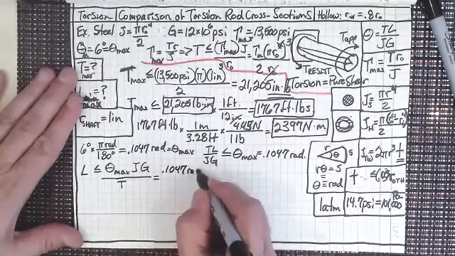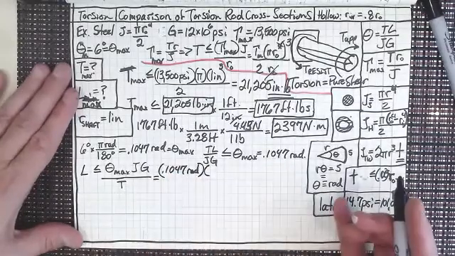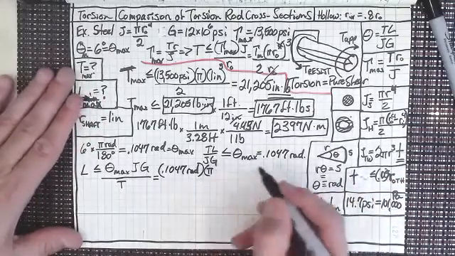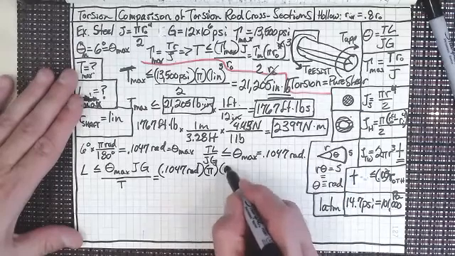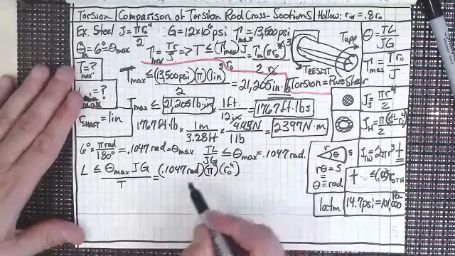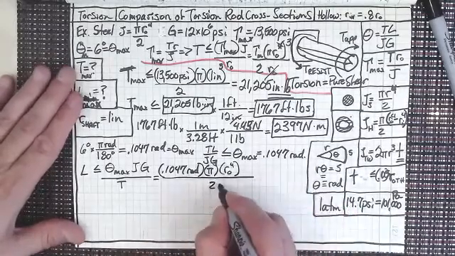So let's do this. 0.1047 radians, right, times J. Well, we've got to figure out what J is, but we can say that J is really just pi, right, times R outer to the 4th, divided by 2.